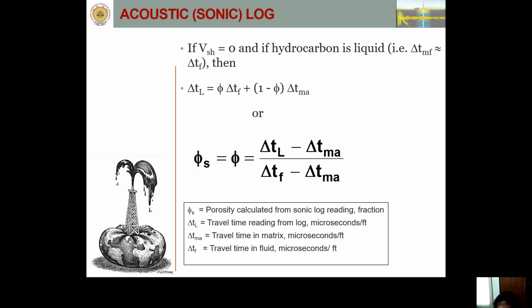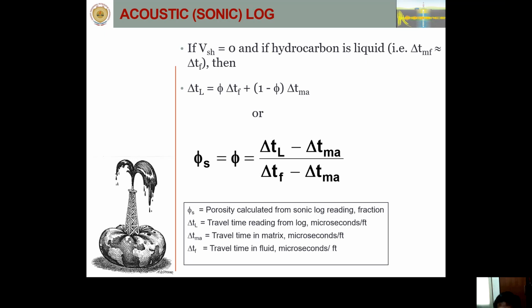If V shale is equal to 0 and if hydrocarbon is liquid, that is delta TMF is very close to delta TF, then delta TL is equal to phi delta TF plus (1 minus phi) delta T matrix, or phi S is equal to (delta TL minus delta T matrix) divided by (delta TF minus delta T matrix).